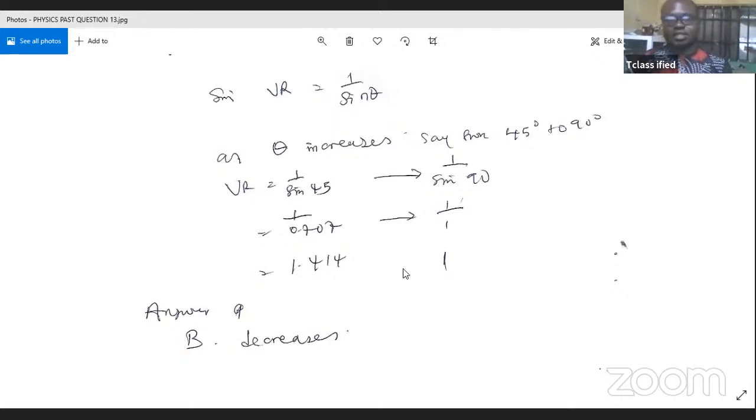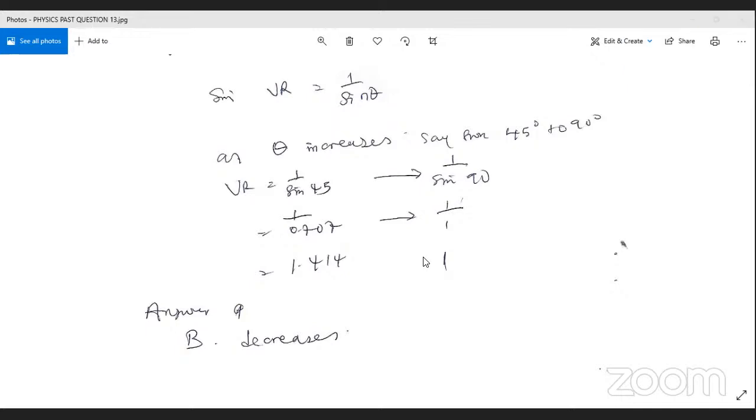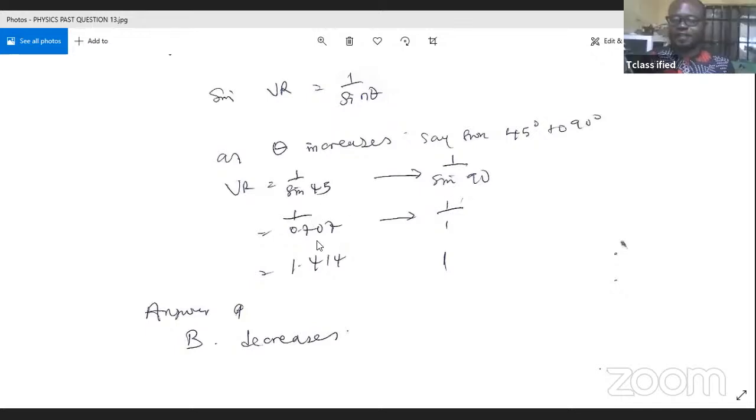But why would you choose 45 and 90? Because with 45 and 90, even without a calculator, you can know what their sines are. It's generally known that sine 90 is 1 and sine 45 is 0.707. So you use these thetas that you can easily solve without a calculator.